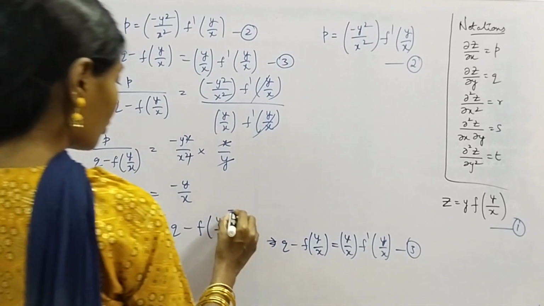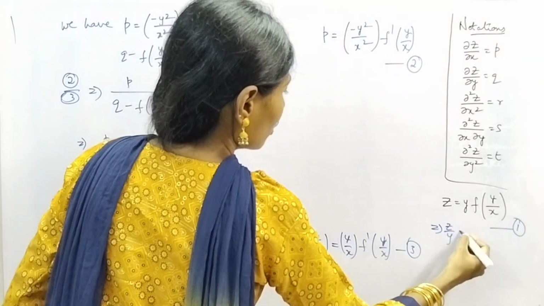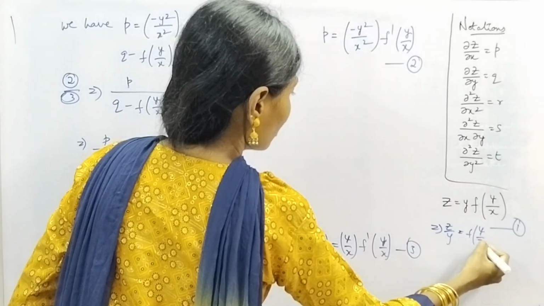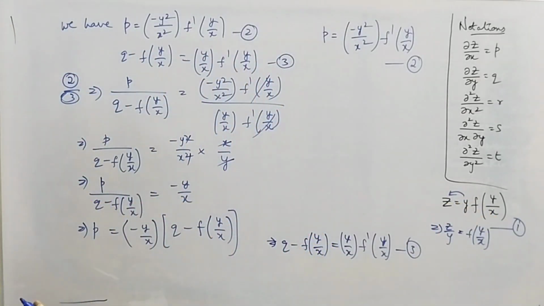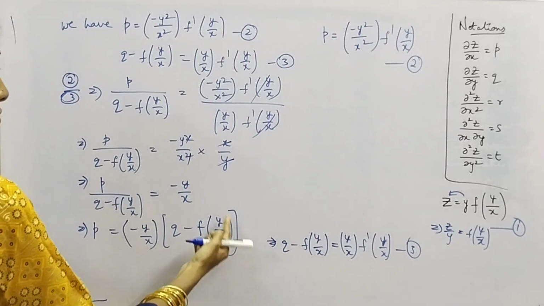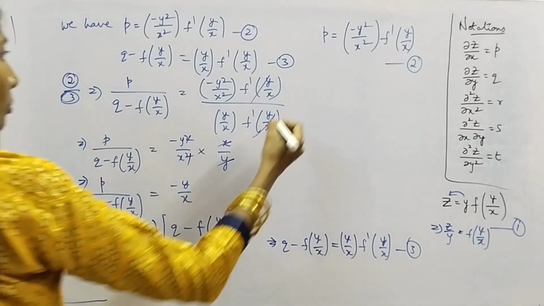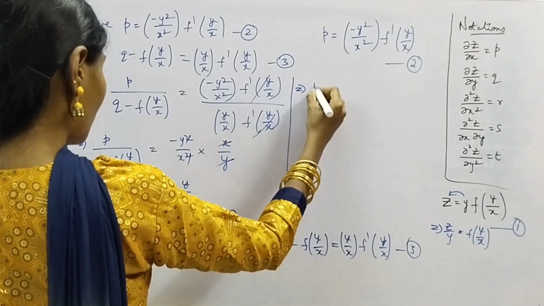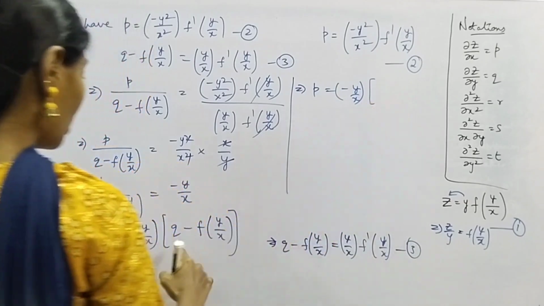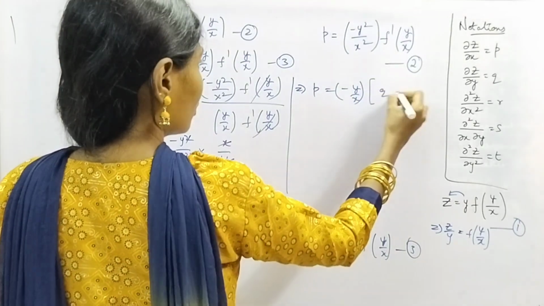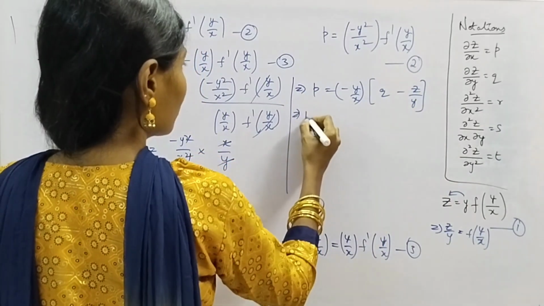Since we have z by y equal to f of y by x from 1, you can just bring this y to LHS. So you just replace f of y by x with this z by y, then you'll get p equal to minus y by x into q minus z by y. Just simplify it.